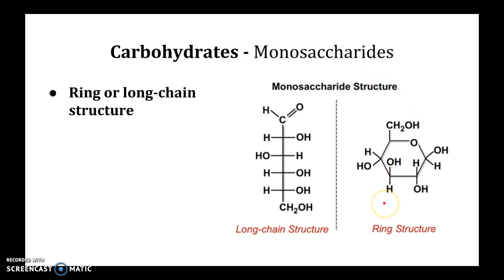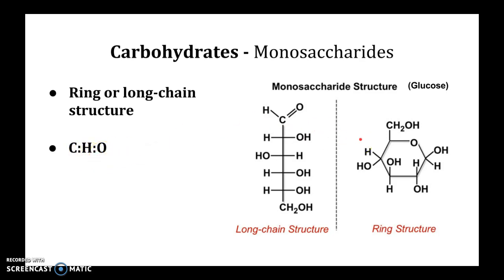So here you see that monosaccharide carbohydrates have two forms of structure, a long chain and a ring. It can be in either form. The other identifying feature of a carbohydrate is that it contains these elements: carbon, hydrogen, and oxygen.